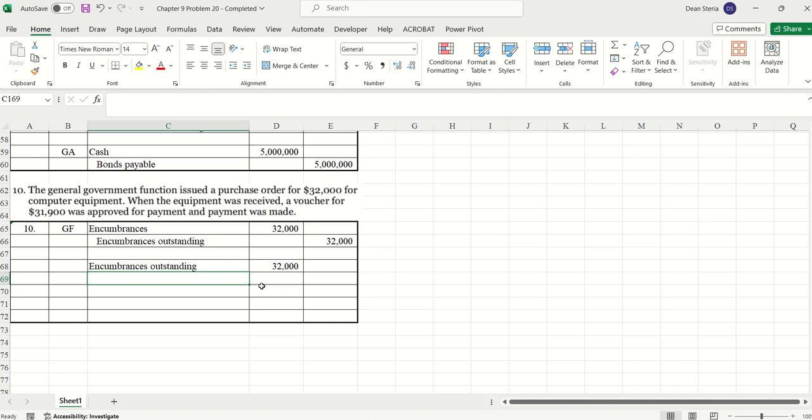And then we're going to have our expenditures, which is the 31.9. And then we're going to hit encumbrances.